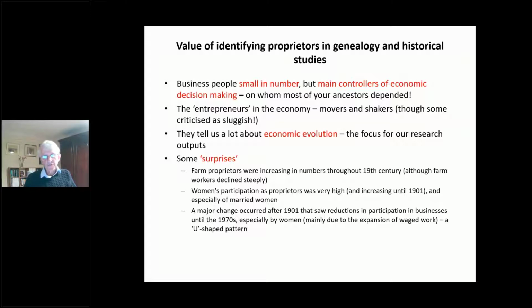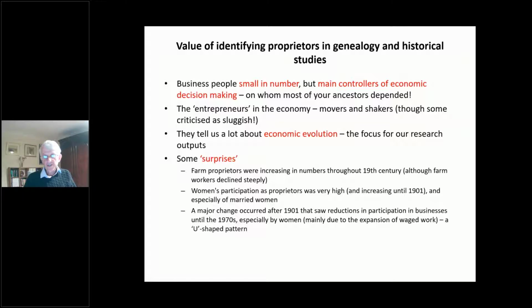For example, farm proprietors, the employers on farms, the business proprietors, increased in numbers throughout the century. We're used to the idea that farms were in decline, but actually the farm owners increased, although the farm workers declined steeply. We're also used to the idea that women's participation was often quite small in the past, particularly in businesses.